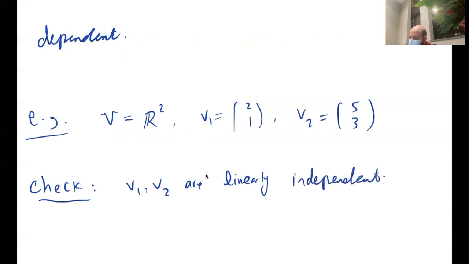The beginning is like before. You start with C1 V1 plus C2 V2 equals 0. Again, you will have two equations with two unknowns, C1 and C2. This time you will see that the system has only the trivial solution C1 equals C2 equals 0. That means the vectors V1 and V2 are linearly independent.